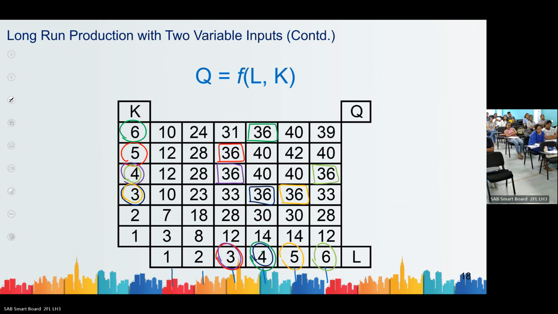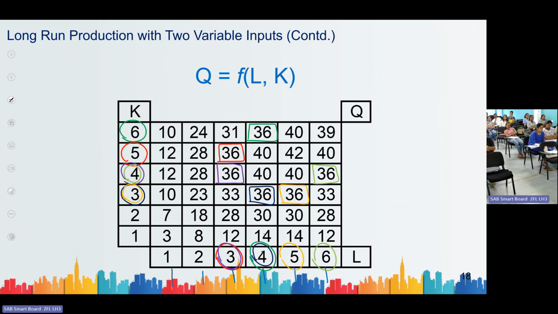You see, the same level of output can be produced by combining different combinations of capital and labor.